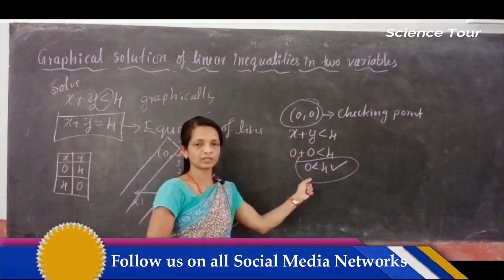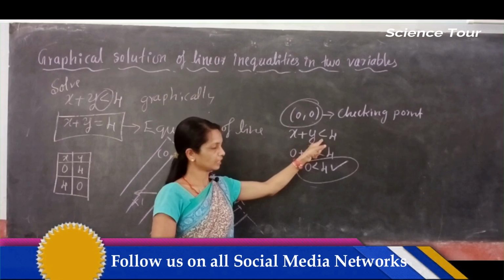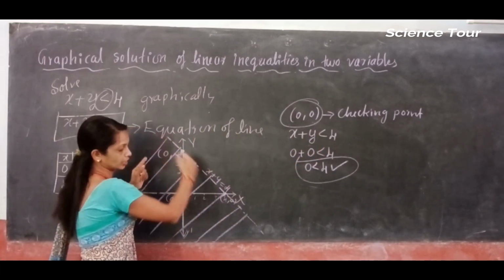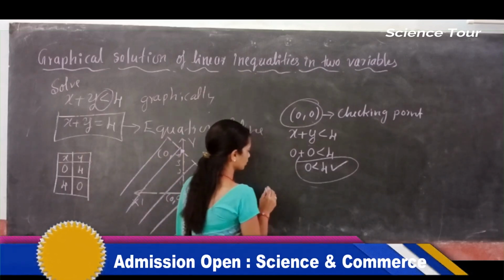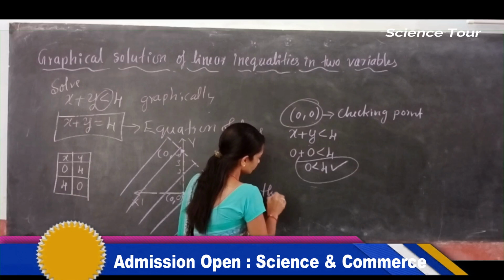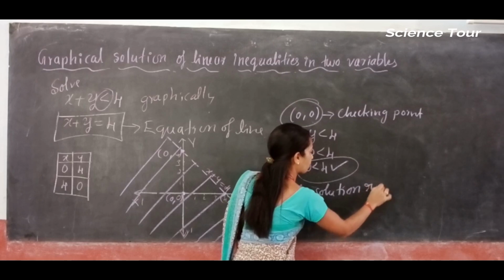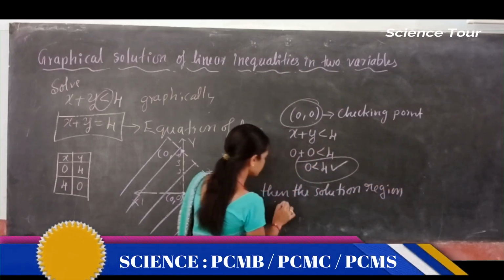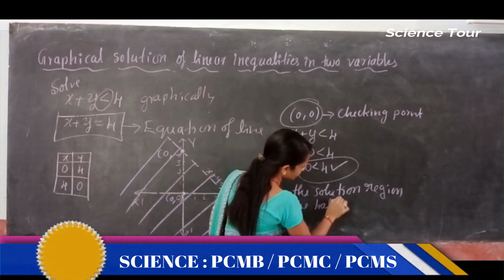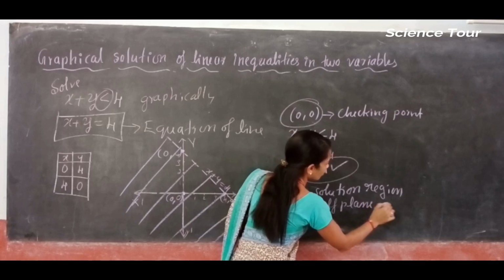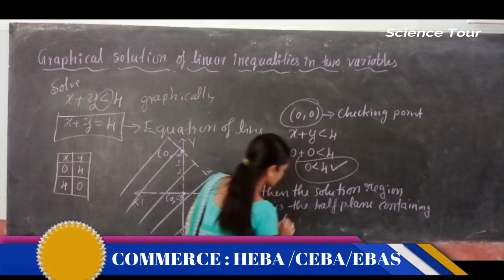Always keep in mind that if you get a correct inequality while checking the checking point in the inequality, then you have to shade the half plane containing the checking point. I'll write here for your reference. Then the solution region is the region, or the half plane, containing the checking point.